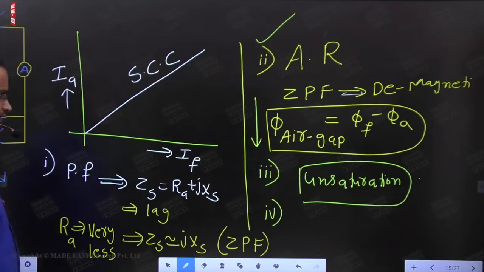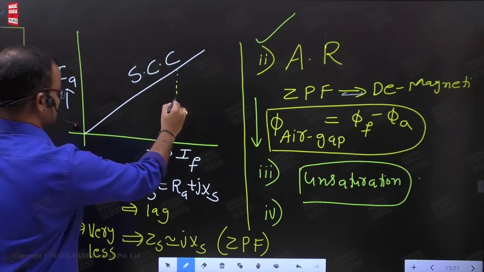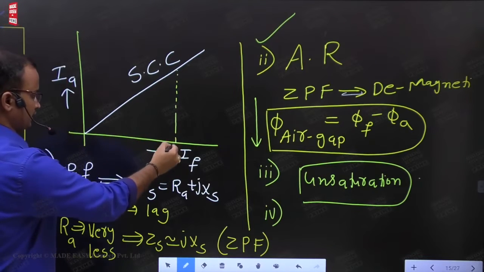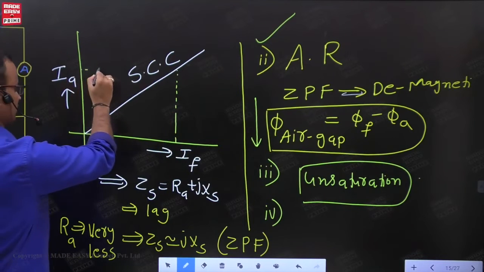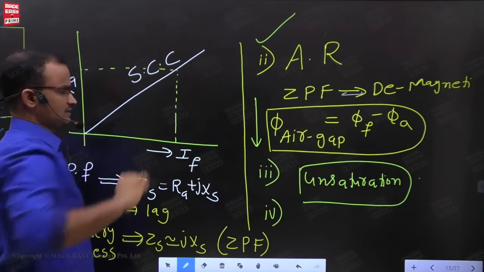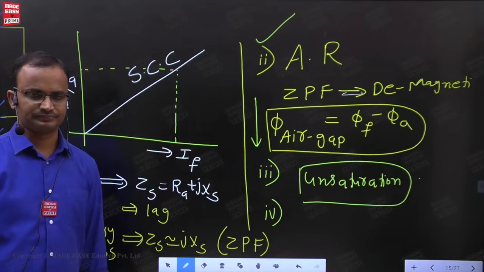Correct. The reason for this is that in the case of the SCC, the shape of the characteristics is linear. By knowing only one field current data and the corresponding armature current, the complete short circuit characteristics can be obtained.